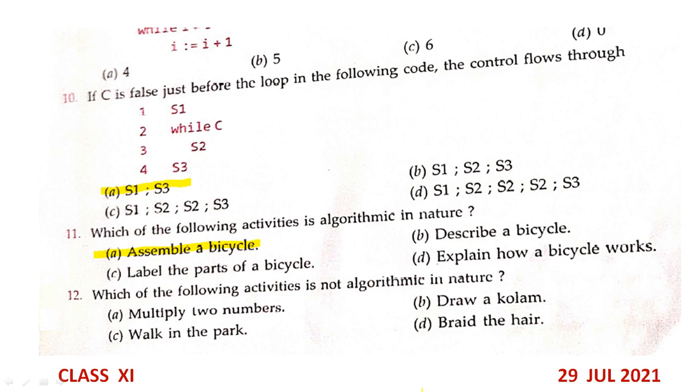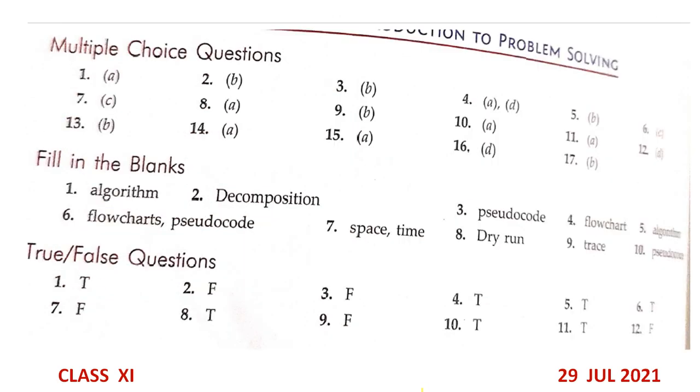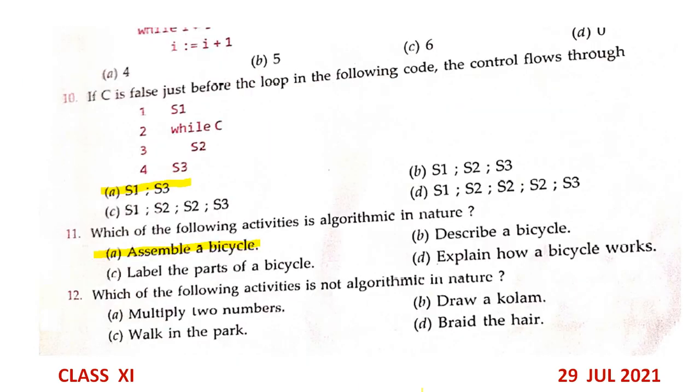Drawing a column and walk in the park is an action. Here we should be very careful to answer that. Let us see. So the 12th one, it is D. Braid the hair is the answer. This is not algorithmic in nature.